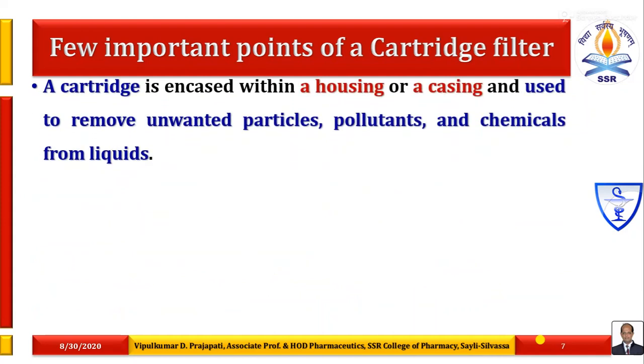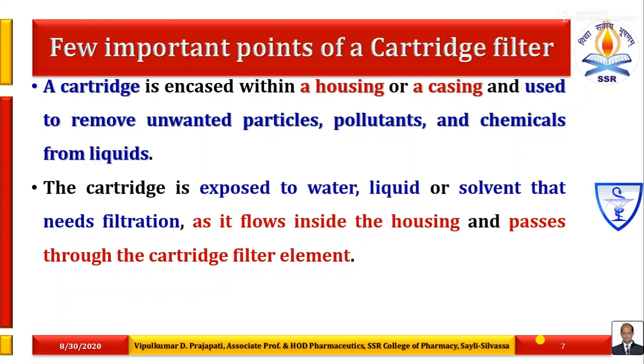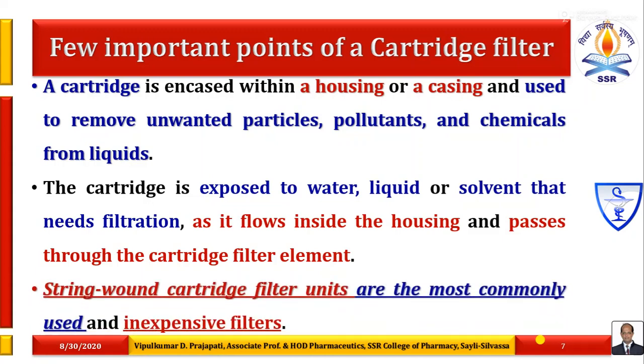A cartridge is commonly encased within a housing or a casing and used to remove unwanted particles, pollutants, and chemicals from liquids. The cartridge is exposed to water, liquid, or solvent that needs filtration as it flows inside the housing and passes through the cartridge filter element. String wound cartridge filter units are the most commonly used and inexpensive filters.